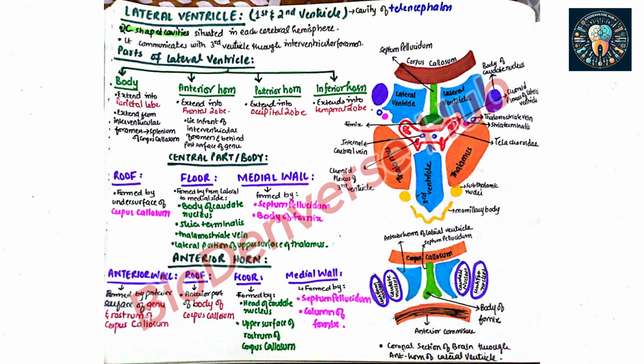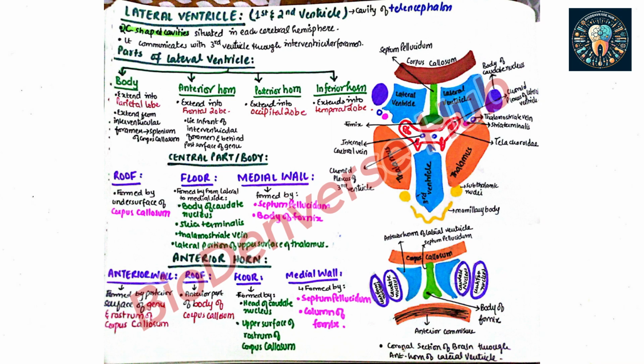The anterior wall is formed by the posterior surface of the genu and rostrum of the corpus callosum, which you can also see in the diagram. The corpus callosum is shown in the orange color, and the anterior horn of the lateral ventricle in the blue color. After that, the roof is formed by the anterior part of the body of the corpus callosum.